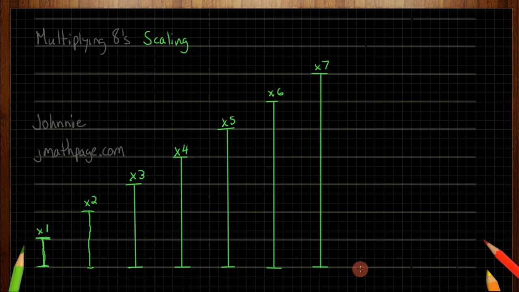The next one, this one will have to be 8 measures, right? 1, 2, 3, 4, 5, 6, 7, 8 measures tall. So being 8 measures tall, this line is 8 times as tall as the first measure. Let's do one more.